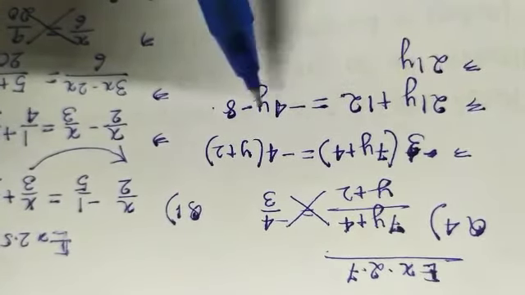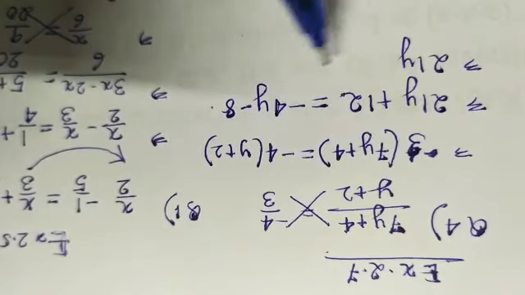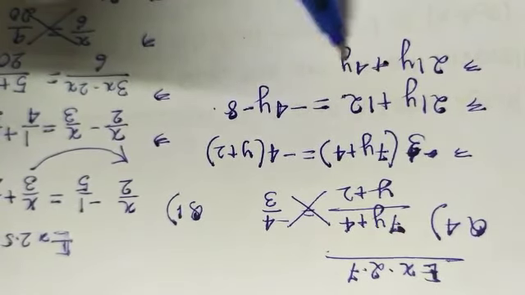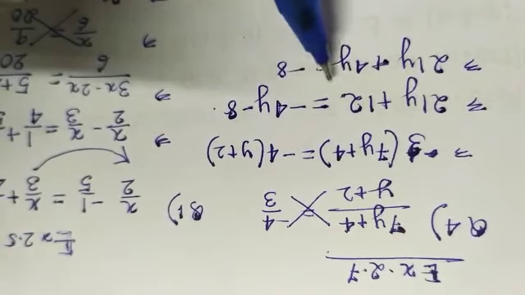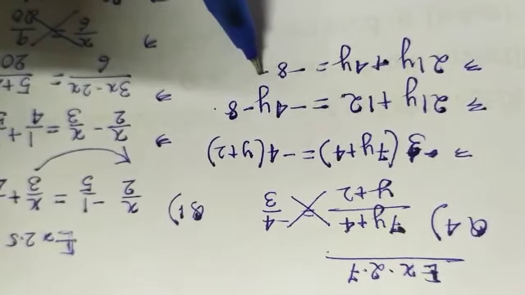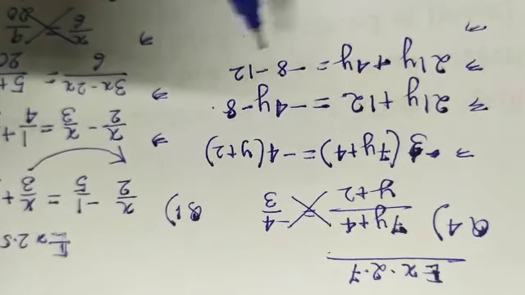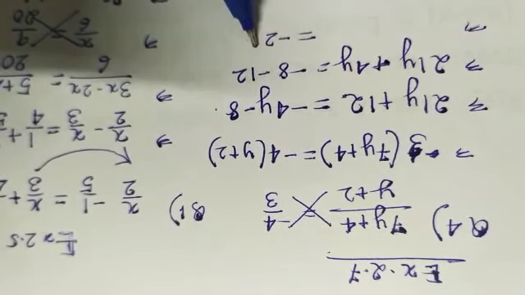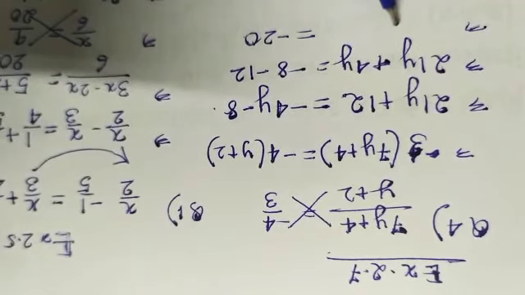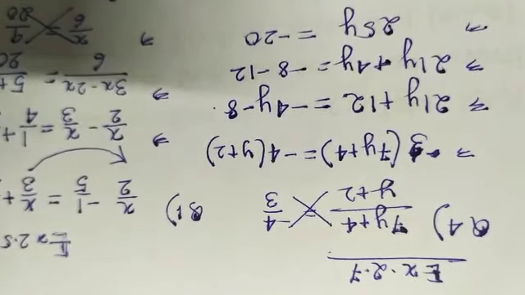Next, 21y, when it comes to this side, becomes plus 4y. Now minus 8 is here, and when this goes to that side, it takes a negative sign. So we are having a minus 20. And on this side we are having 25y.